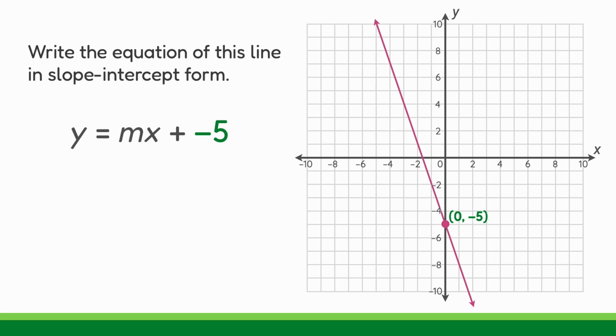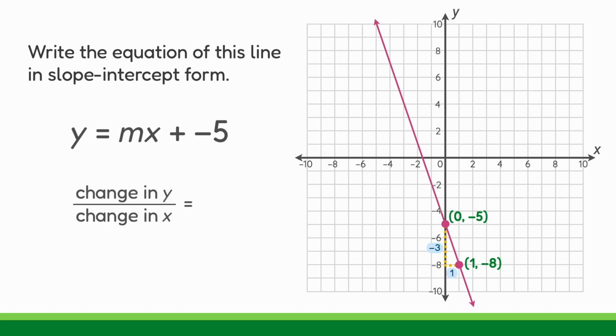Now, let's pick another point to help us find the slope. Let's use the point 1, -8. From 0, -5, we move down 3 units, which is a change of -3, and to the right 1 unit, which is a change of +1, to get to the point 1, -8.